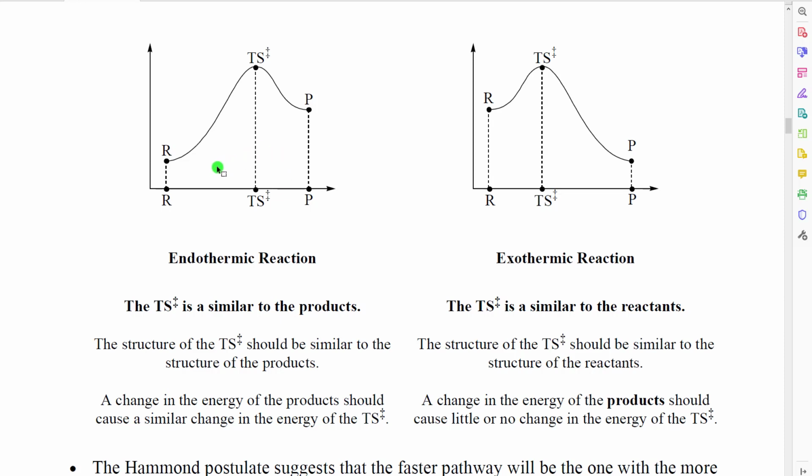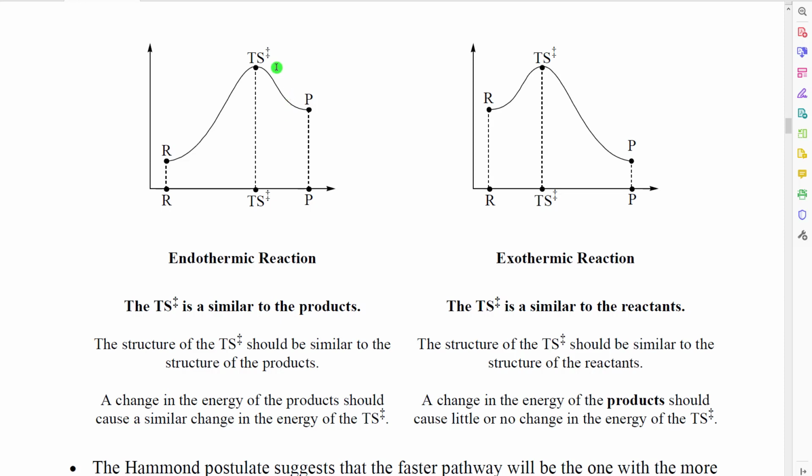He also made an assumption about the way that the energy changes. If we look at the shape of this curve, he assumed that it would essentially be sort of a parabolic shape, and that the two arms of the curve, the two sides of the curve, would be symmetric. They would go up and they would go down at the same rate.